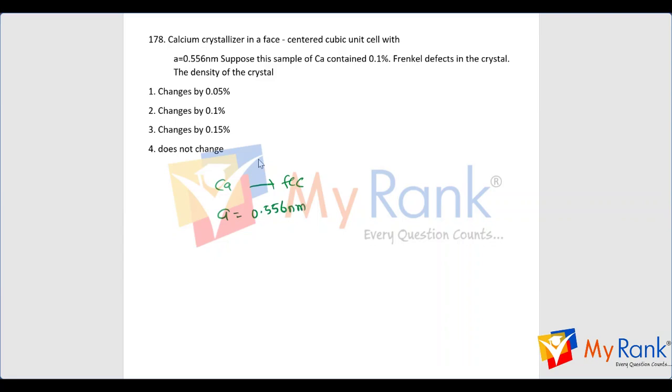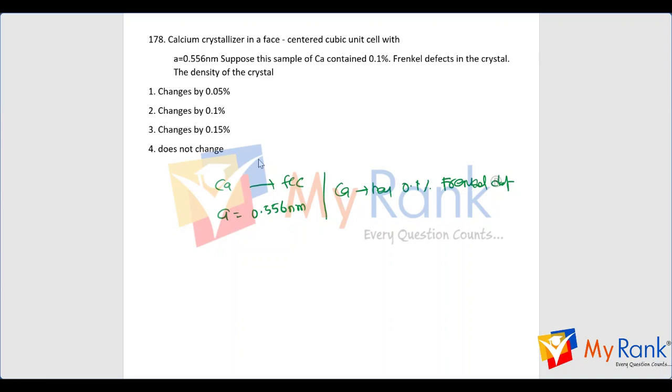Suppose the sample of Ca contained 0.1% Frenkel defects. Ca has 0.1% Frenkel defect in the crystal.